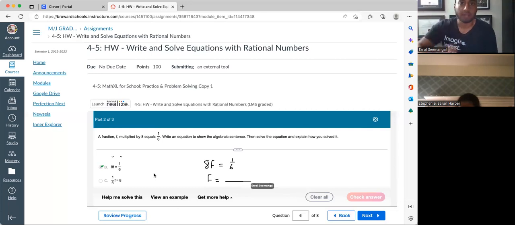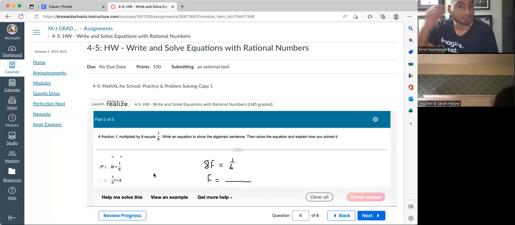Is it 1 over 6 divided by 8, or is it 8 divided by 1 over 6? And why? I think it's 8 divided by 1/6, because the bigger number goes first. Not always. That would be 48.